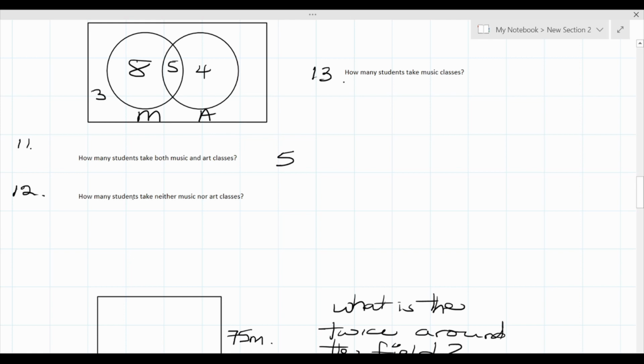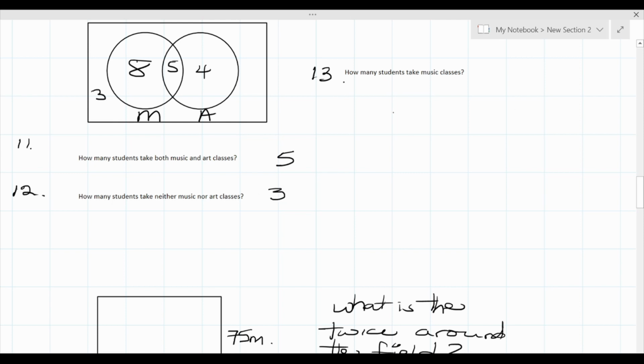How many students take neither music nor art classes? I would say that it would be 3. And why 3? Because when we look here, we see music, art, and we have some that are in this universal set outside of the specified categories of music and art. So we would say 3.